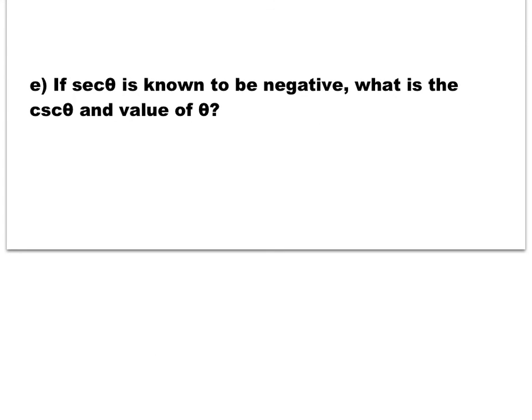The last part of the question says, if secant theta is known to be negative. Remember that secant theta is equal to 1 over cos theta, which is negative. So this means that cos theta has to be negative. Remember, cos is x over r.